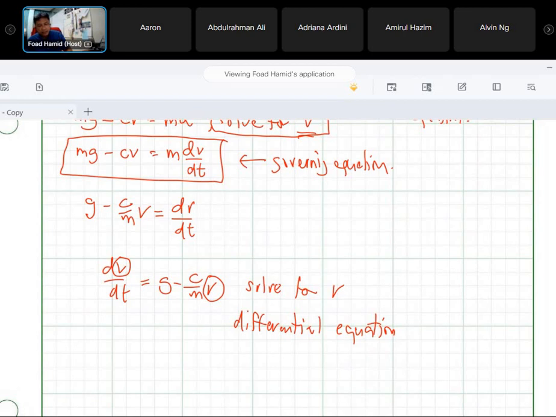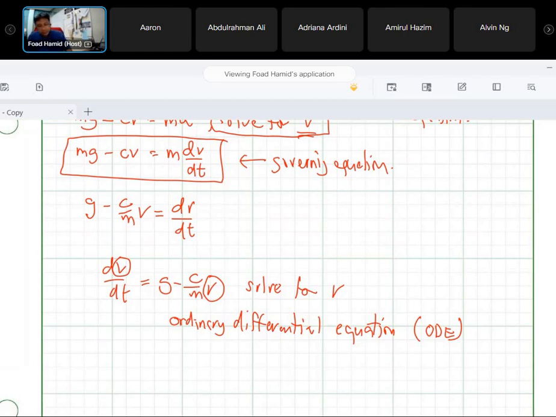Because v is a full derivative, dv dt is a full derivative, so this is what we call an ordinary differential equation, or simply ODE. And you learned this during your first year math. So how do you solve for ODE?